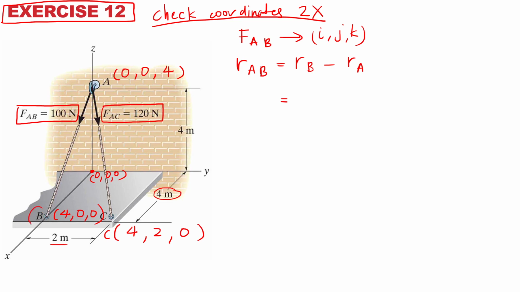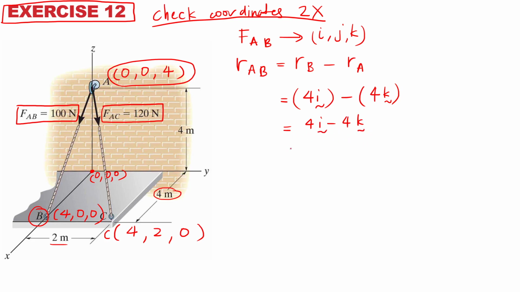RB comes from position B, so RB would be 4i. What is RA? RA would be 4k. So the value for RB minus RA is 4i minus 4k.